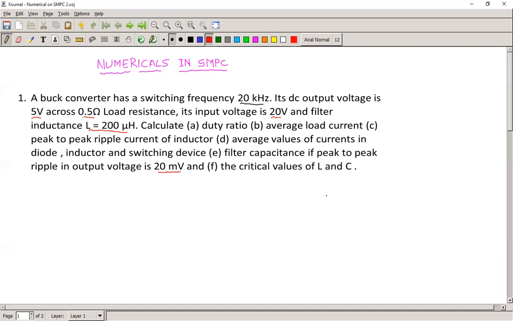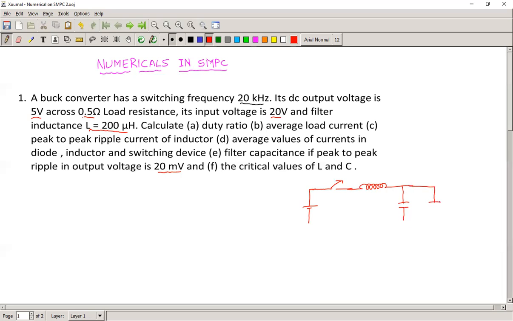So first, let us draw the circuit diagram. This is a switch. This is the input voltage. This is the inductance, capacitance.